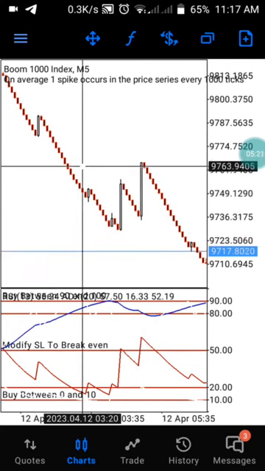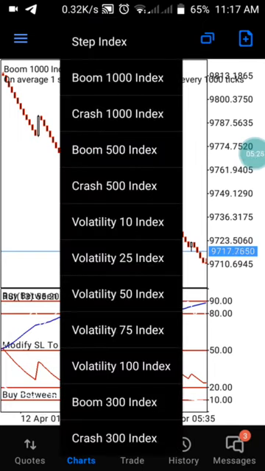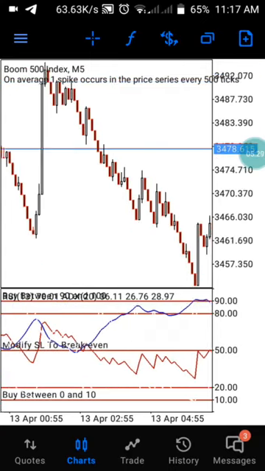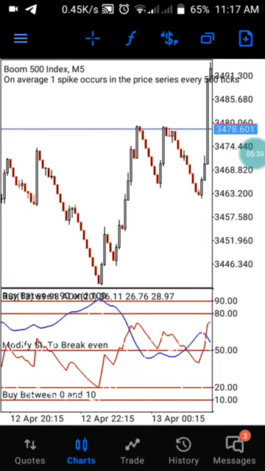So guys, let me show you exactly, because I said it only works on Boom index. Let me show you on Boom 500. You see, exactly this is what I told you to do. Anytime you have your confirmation at this level, the movement index has crossed above 80 and is going to the 90 level.